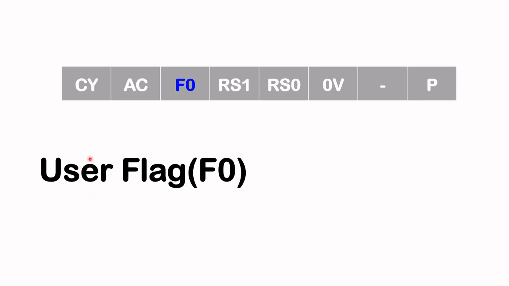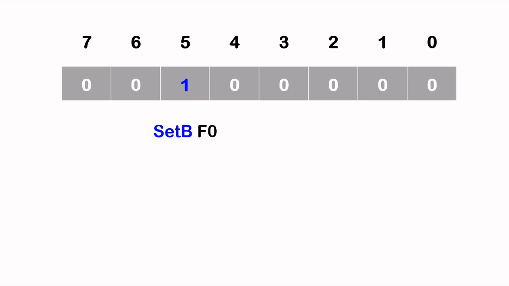Okay, so we've come to the user flag, which is the F0 flag, and that is this bit here in the PSW register. Now to set this bit, the F0 flag, to a 1, you could use this instruction, SETB F0, that would set this bit to a 1.